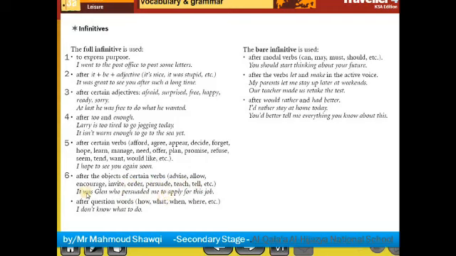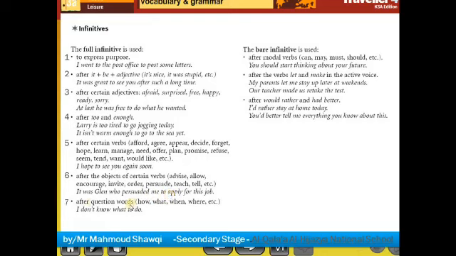For example, it was Glenn who persuaded me to apply. Persuade me. This is the object of this verb, persuade, and we use after the object to plus the verb. Persuaded me to apply. Advised me to apply. Allow me to go.